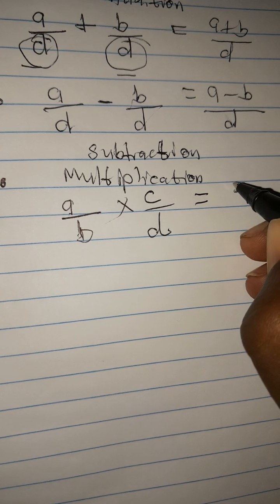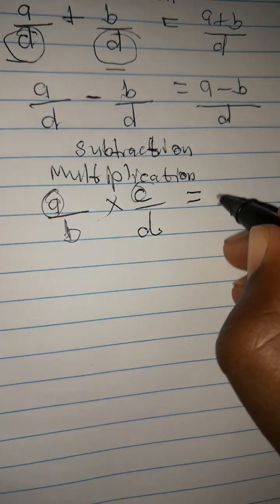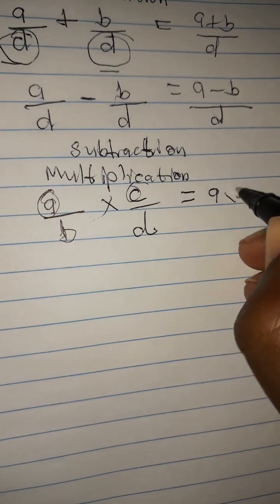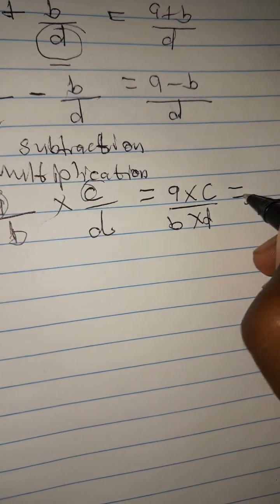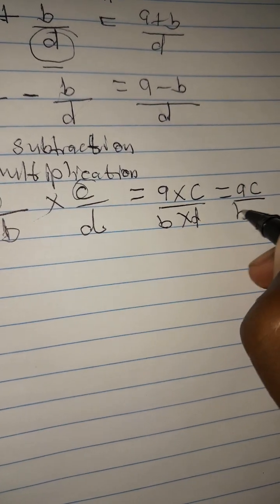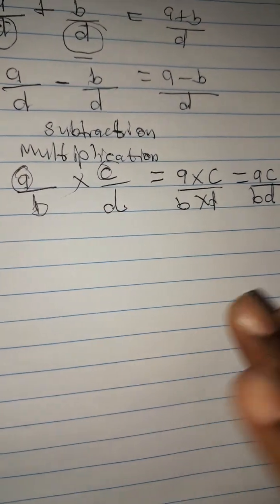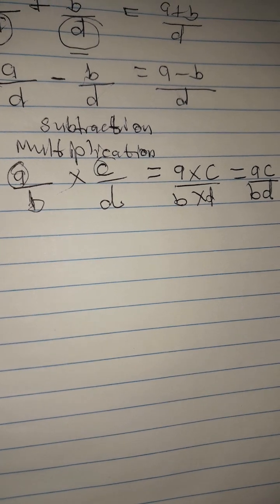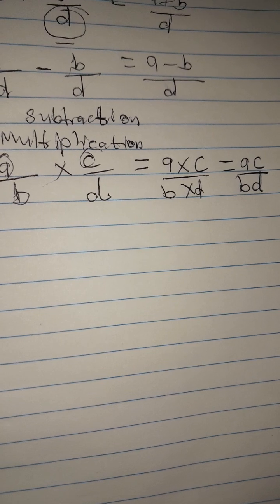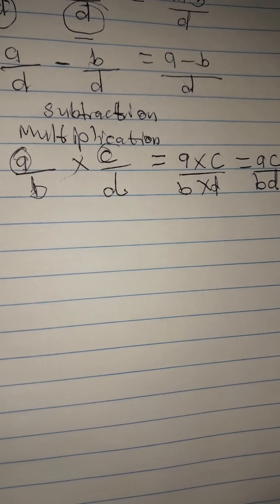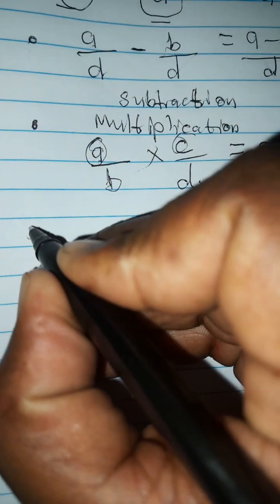When you're given such, multiply the numerator by the numerator, meaning a times c, and the denominator by the denominator, b times d, which will be ac over bd. So this is the rule, guys. You must be very careful. When you're working with multiplication, multiply the numerator by the numerator and the denominator by the denominator.